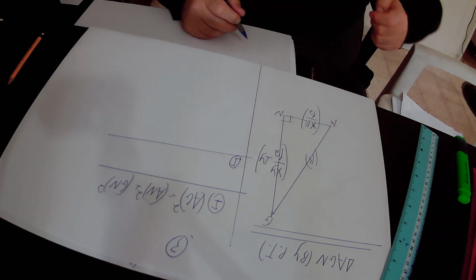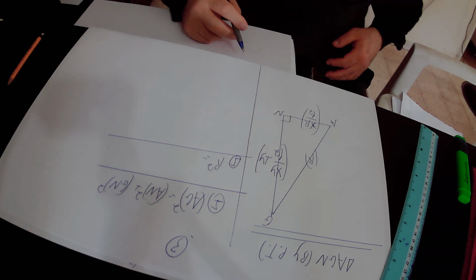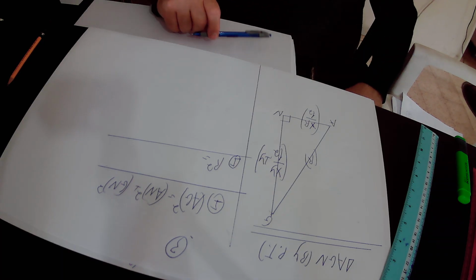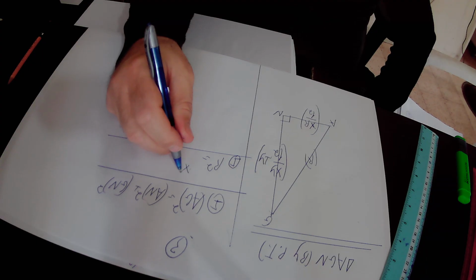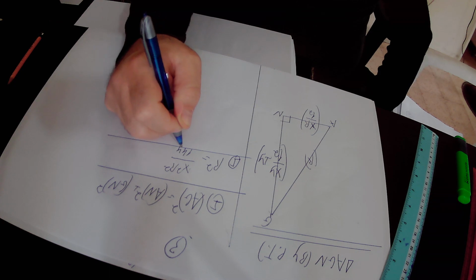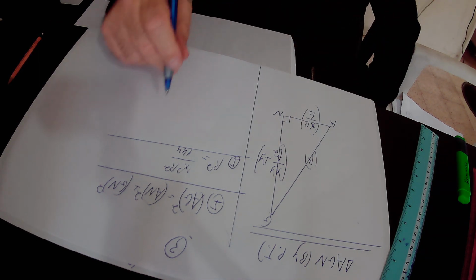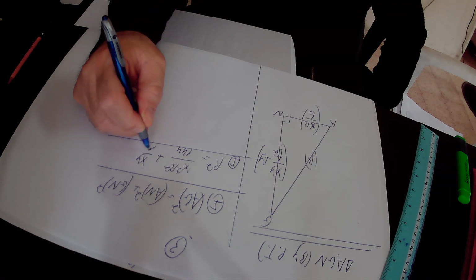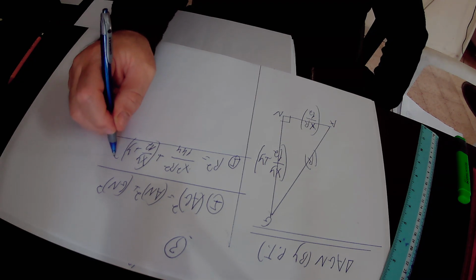AG is R, therefore AG squared is R squared, and it must be equal to AN squared. AN is XR over 12, therefore AN squared is (XR over 12) squared, which equals X squared times R squared over 12 squared, that is 144. So in total, it equals X squared times R squared over 144 plus GN squared. GN equals XY over 12 plus Y, therefore GN squared equals (XY over 12 plus Y) squared.